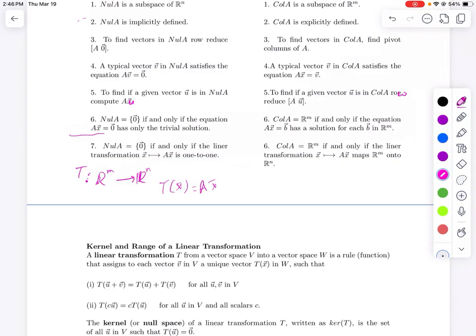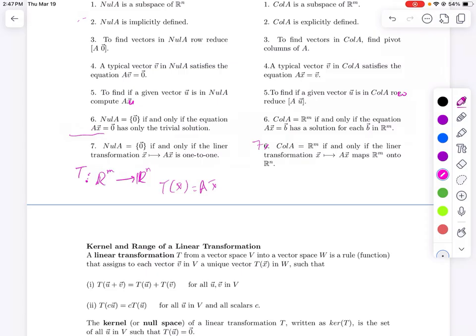On the right side, the column space of A will be equal to R^m, the whole vector space R^m, if and only if the linear transformation is onto. But onto what? It maps R^m onto R^n.